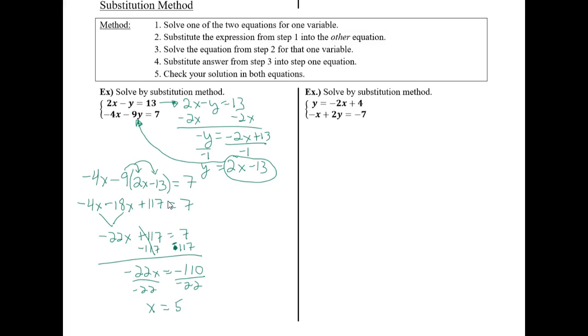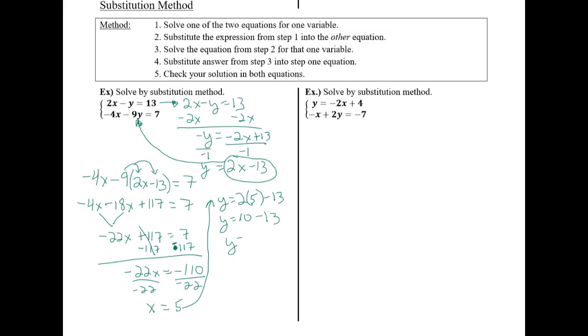So that's half of the answer. I need to find the other half. Where do I plug this 5 in? It's true, I could plug it in to this first equation or the second equation, like we did previously in the elimination section. However, I already have this nice equation solved for y. So I'm going to plug it in to that. So y equals 2x is 5 minus 13. 2 times 5 is 10.